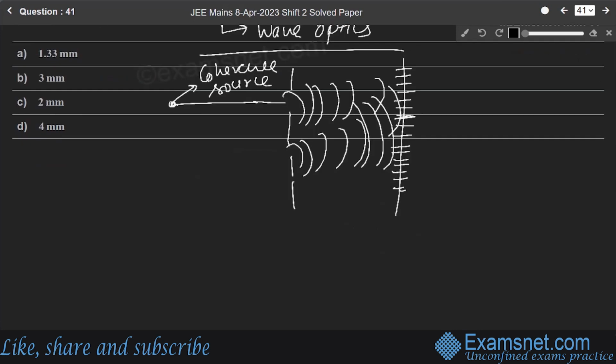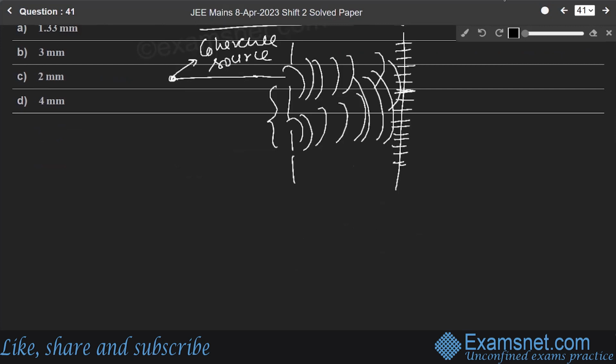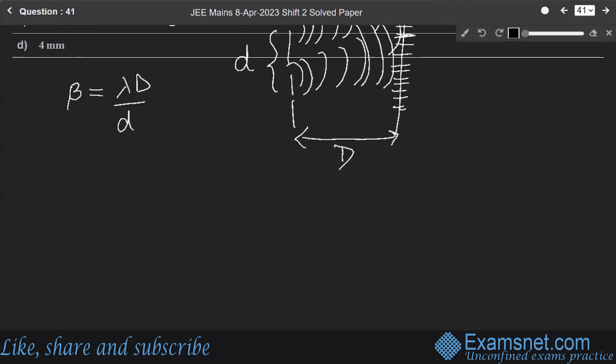The distance between these fringes is d, and the distance between the slit and the screen is capital D. So for Young's double slit experiment, beta equals lambda D over d. Lambda is the wavelength of the incident light.